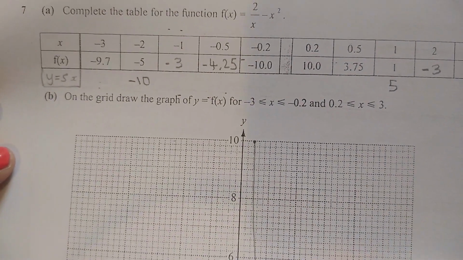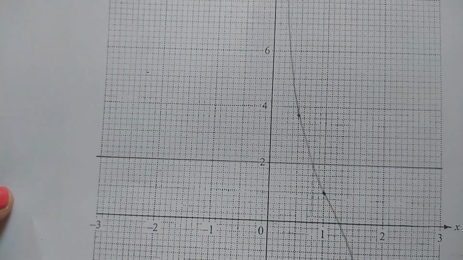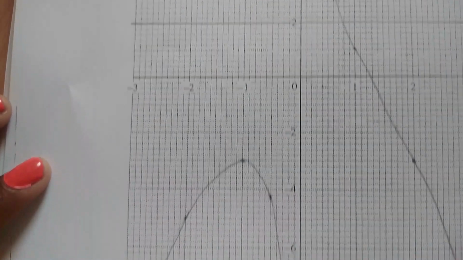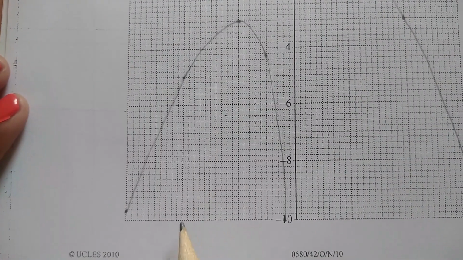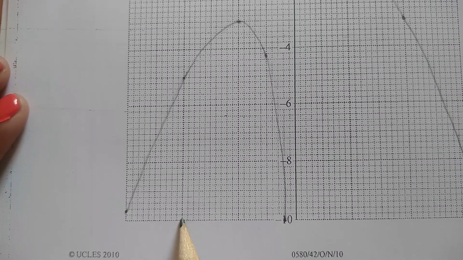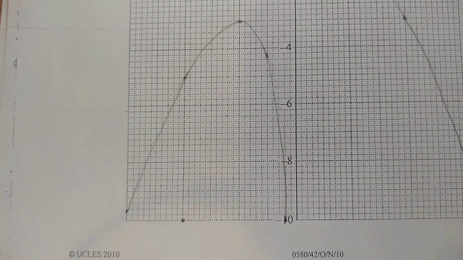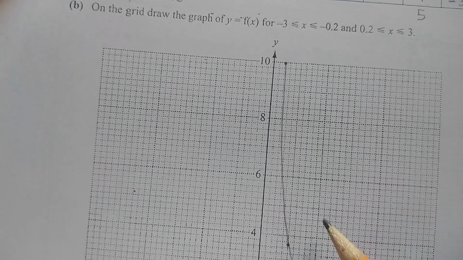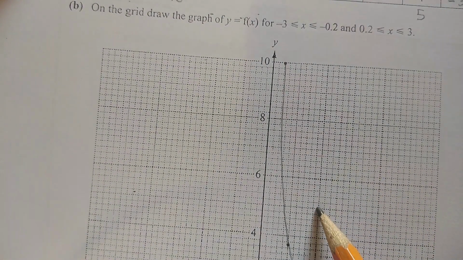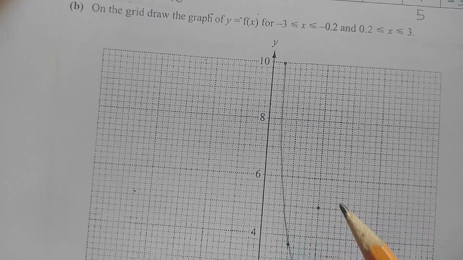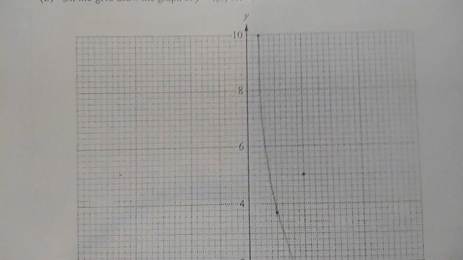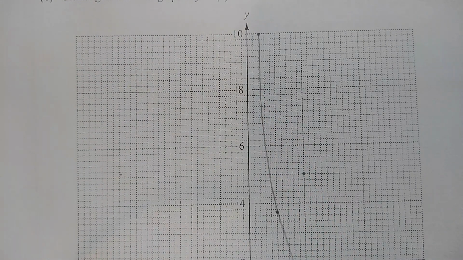You just need 2 coordinates. So -2, -10 is here. Then 1, 5 is here. Then you join them, and where they cross your graph, that's your answer. Okay, let me join them.